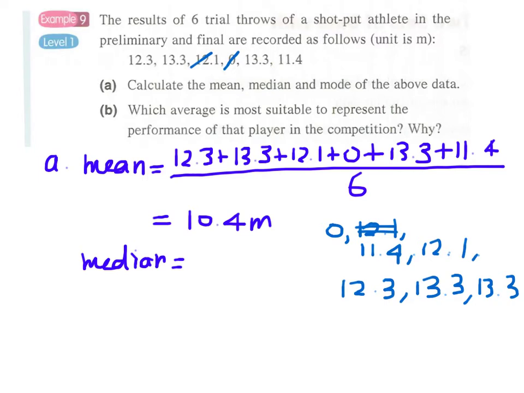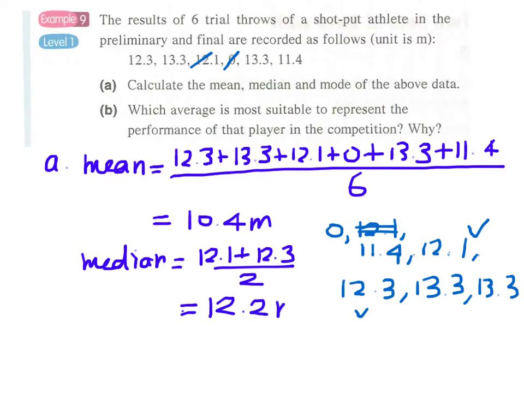And so the number at the middle will be between the third and the fourth one. So this will be 12.1 plus 12.3 and then divided by 2, which gives us 12.2 meters. And for mode, which is the data with the highest frequency, since we have 13.3 twice, this will be 13.3 meters.